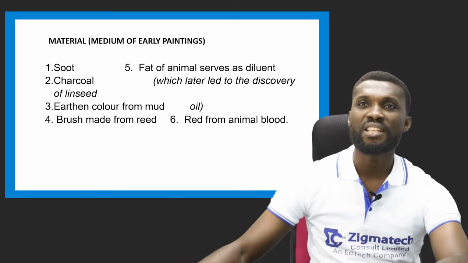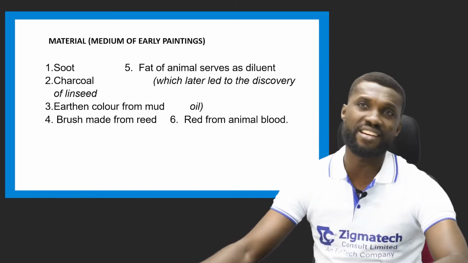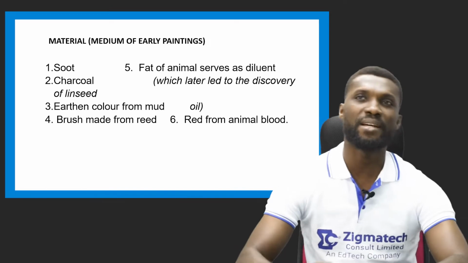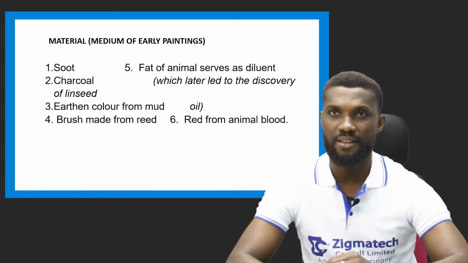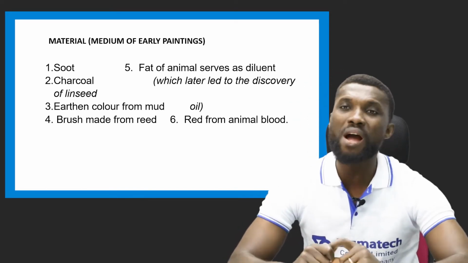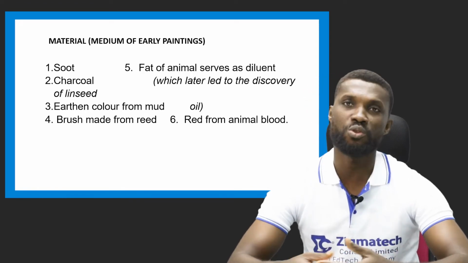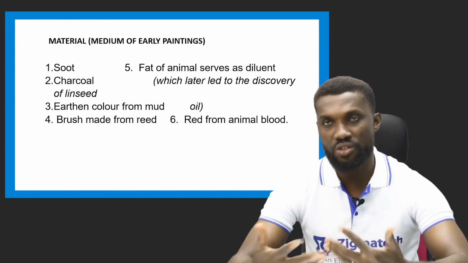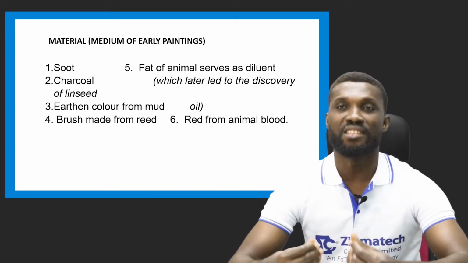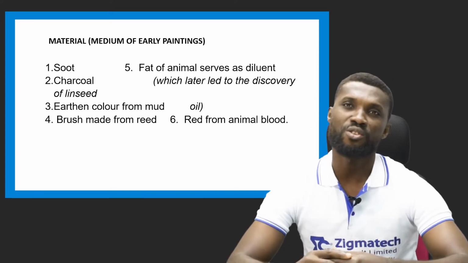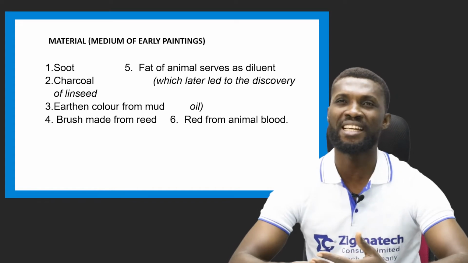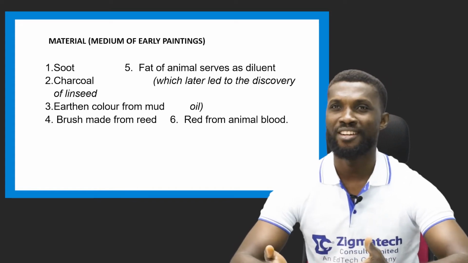Okay. Now let's look at some of the materials and mediums early men used in their early paintings. Remember, I told us the number 1 material they used is the earthen material, which is the soot, the black soot. Somebody will ask me, how do they get soot and charcoal?